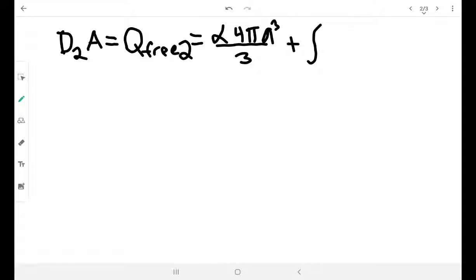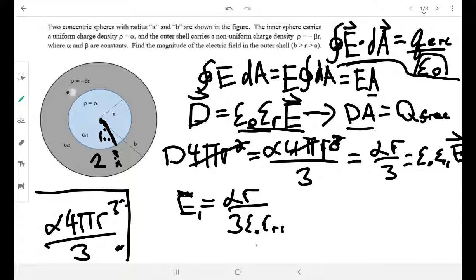And so we're taking the integral of rho 2 times dV, and then so let's just focus on this equation here. So this can be given by, the rho 2 is given by this rho, negative beta r.